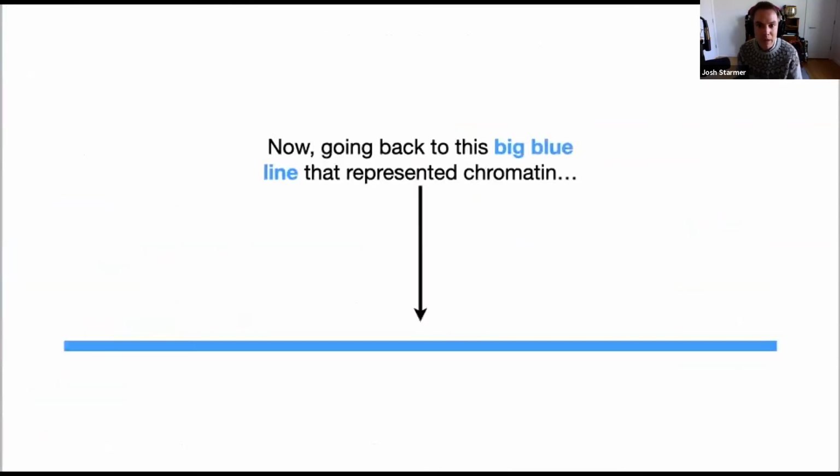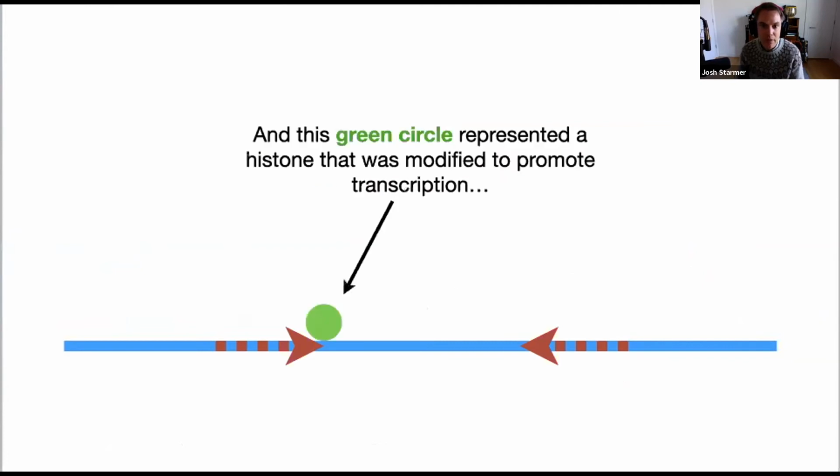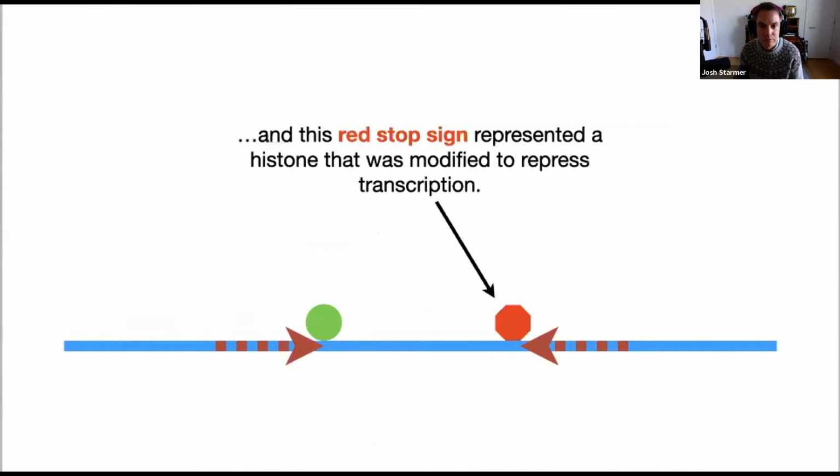Now, going back to this big blue line that represented chromatin, remember these big brown arrows represented genes. And this green circle represented a histone that was modified to promote transcription. And this red stop sign represented a histone that was modified to repress transcription.